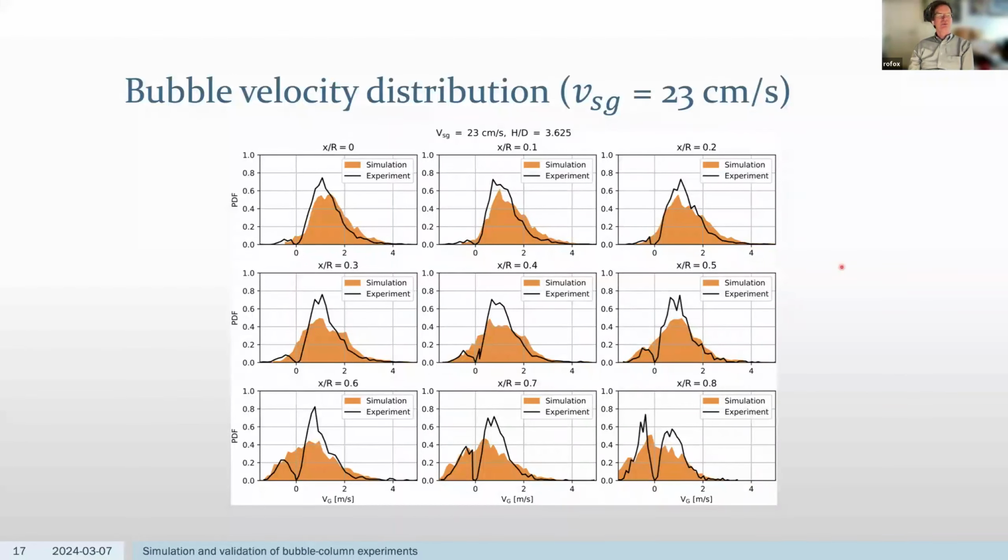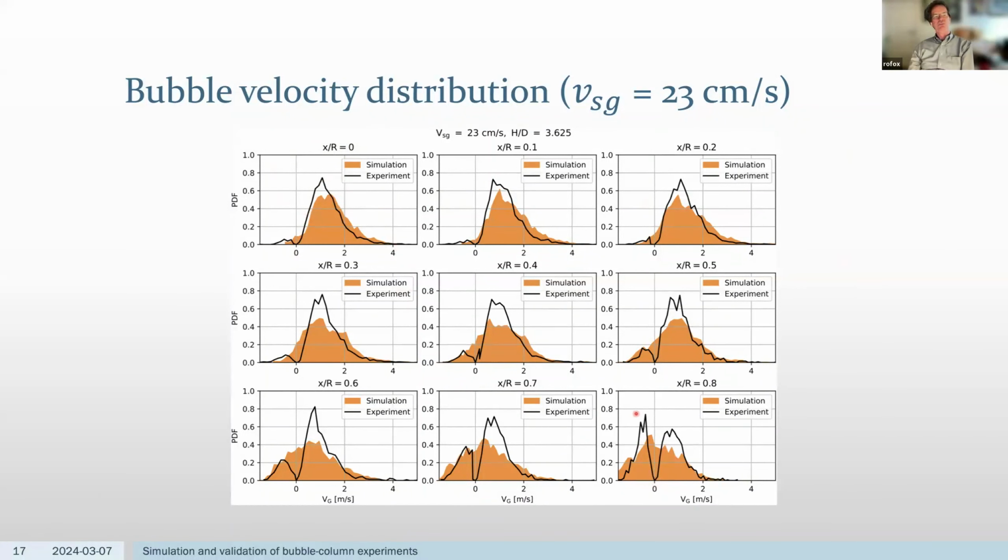Okay, so now some direct comparisons of the experimental data versus the simulations. Again, this is in the heterogeneous regime at 23 centimeters per second, and each of the plots is at a different radial location. Here's the center line, and then as you move toward the wall... at the center line almost all of the flow is upward, and near the wall you have downflow.